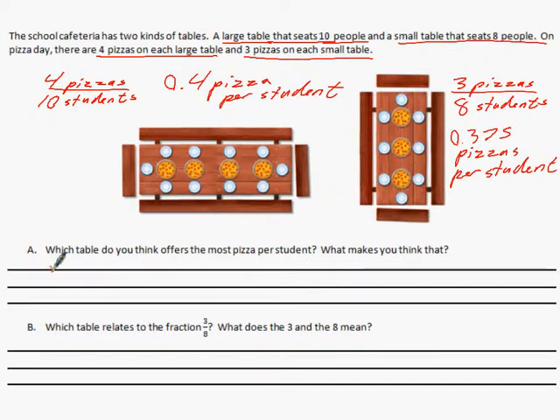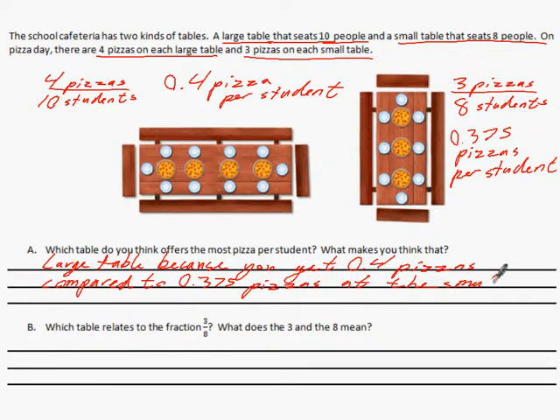So the large table, because you get 0.4 pizzas compared to 0.375 pizzas at the small table.